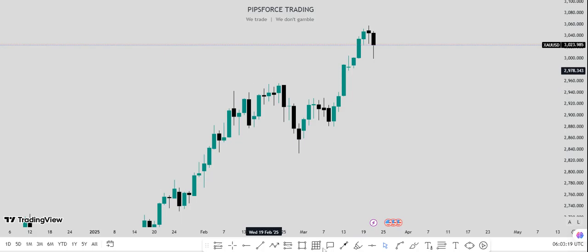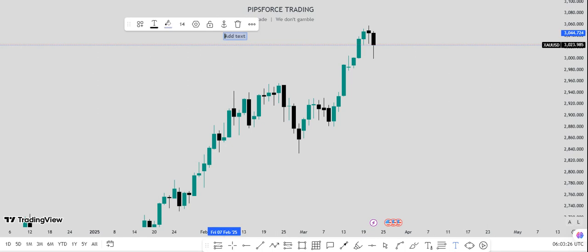So in the top-down analysis, we have three time frames that we look at. The first we look at is our higher time frame, and then from the higher time frame we have our mid or medium time frame.